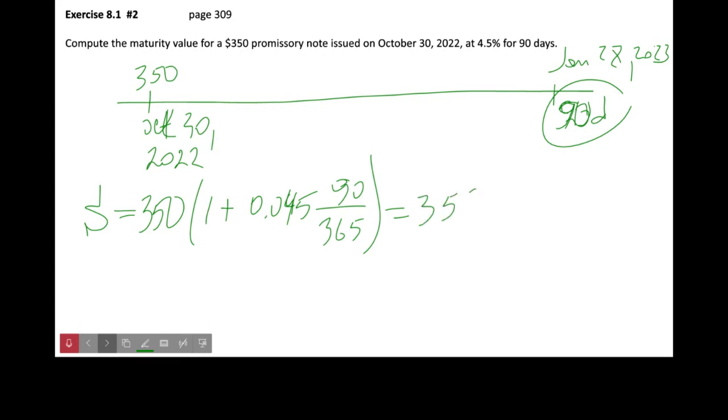So 353.88. That's the maturity value. Any questions?